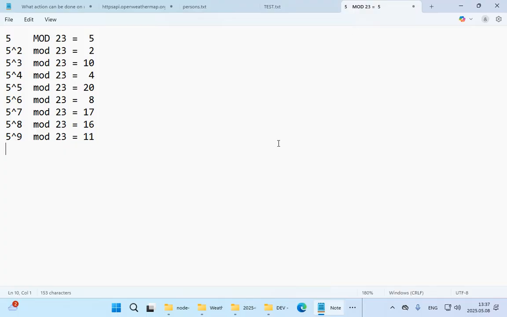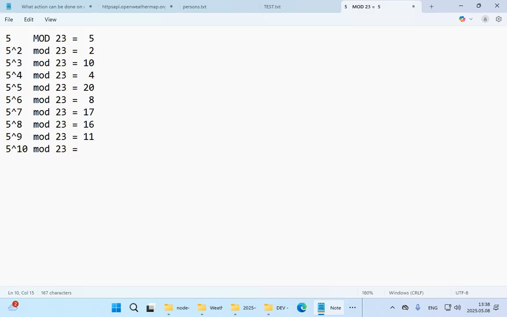Okay. Now 5 to the power of 10 mod 23. 23 by 2 is 46. So 55 times 46 would be 9, I think 9.